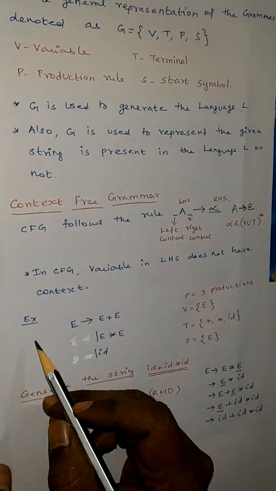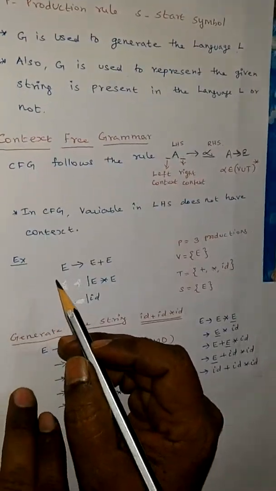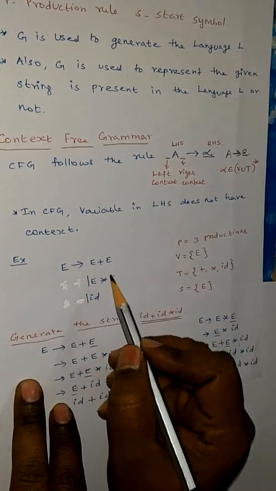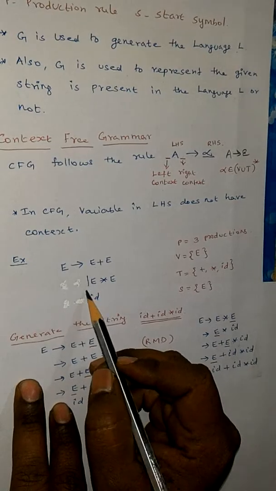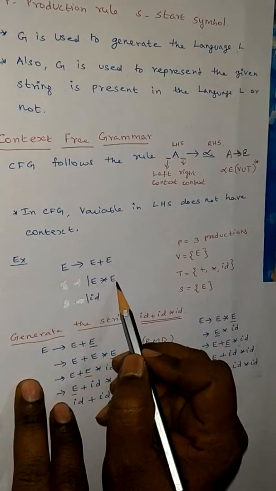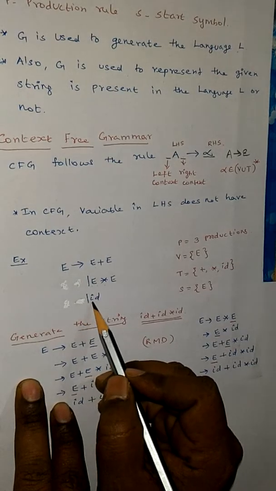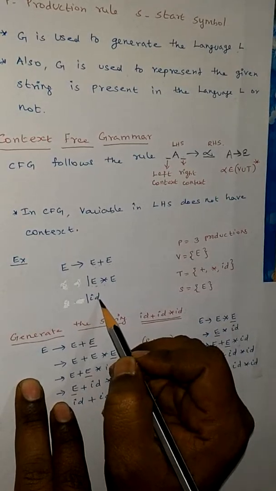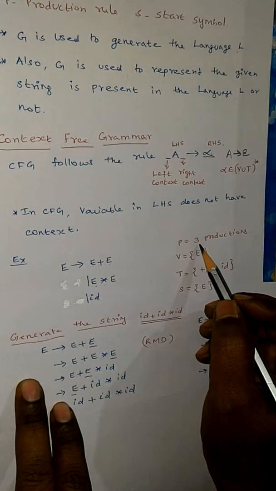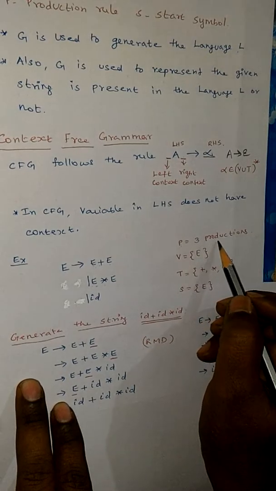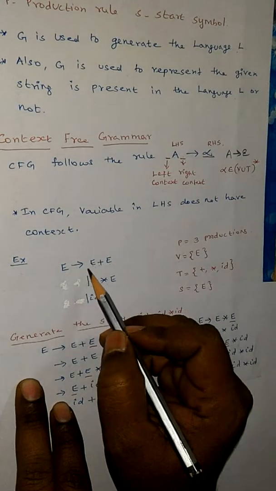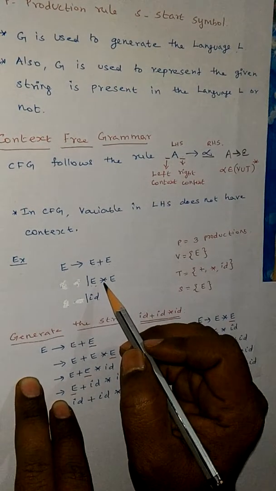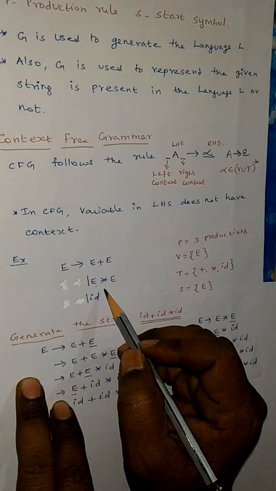For example, this is a given context free grammar. E derives E plus E, another production is E derives E star E, and the third production is E derives ID. So this is represented as E plus E or E star E or ID. Here we have three productions in P. The variable set V: capital alphabets are variables, and small alphabets and operators are terminals.